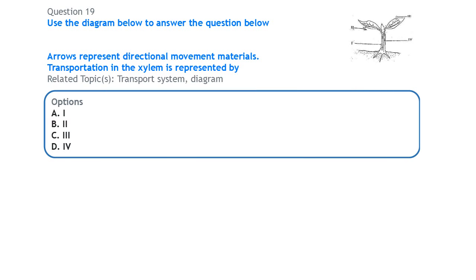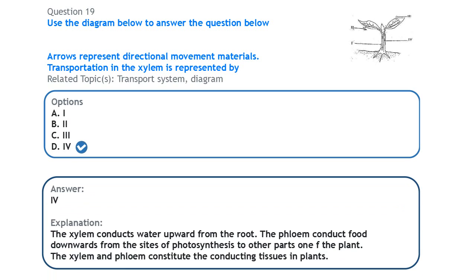Next, we have a diagram here, and we'll use the diagram to answer the question. The arrows represent directional movement of materials. Transportation in the xylem is represented by which arrow? The xylem is the water conducting tissue in the plant, meaning it conducts water, and water in the plant is obtained from the root.